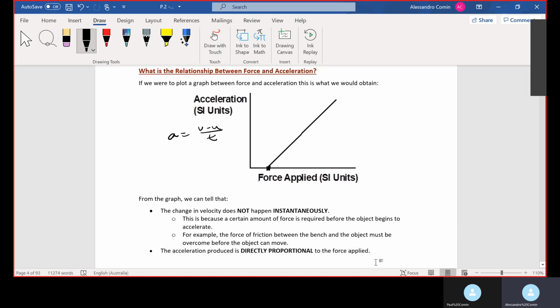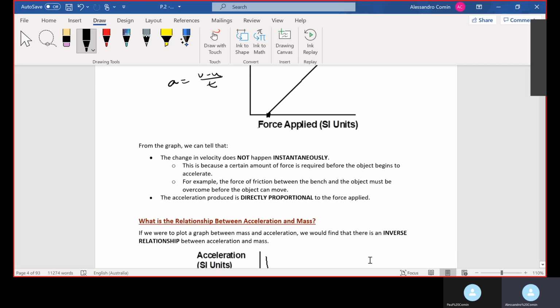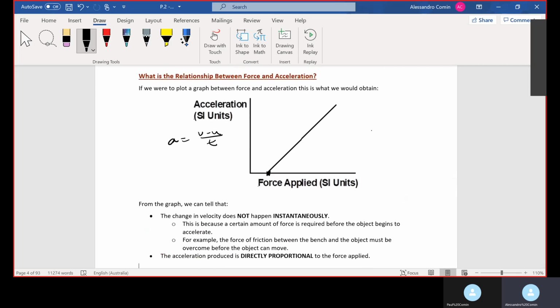And then the second thing that we realize, through the line of best fit, is that the acceleration is directly proportional to the force applied. Now, what does proportional mean? Mathematically, this is denoted by an alpha symbol. So we're going to have force is proportional to m. And all proportional means is that as the left side increases, so does the right side.